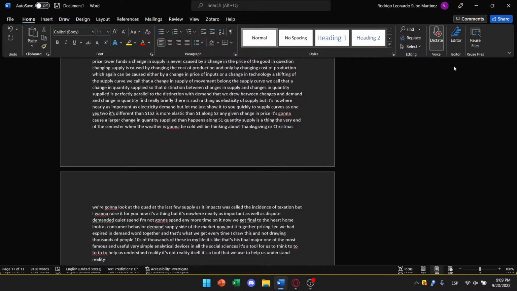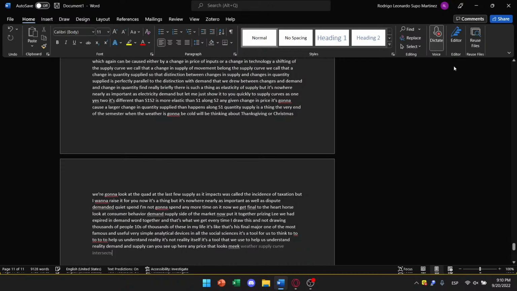It's demand and supply. Can you see up here any price that looks unique? Where the supply curve intersects the demand curve? Someone could say zero.